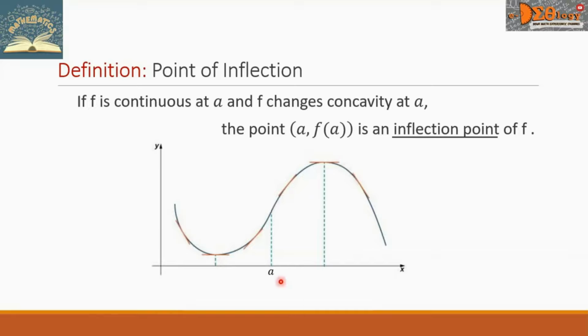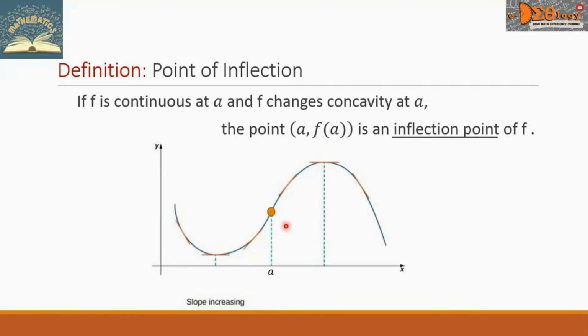When x is equal to A, we have this point of the graph. Let us observe that the part of the graph on the left side of A, we're going to look at the graph from left to right, and we can see that the slope is increasing.